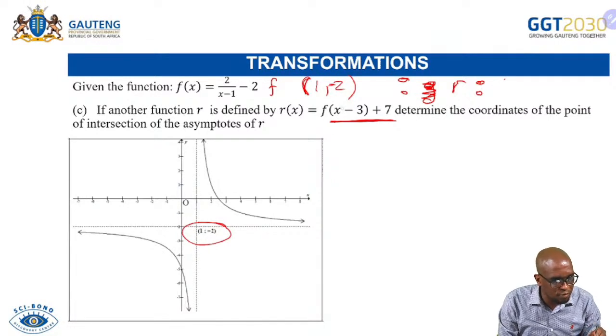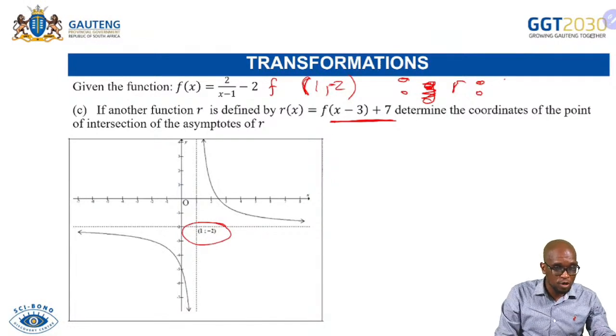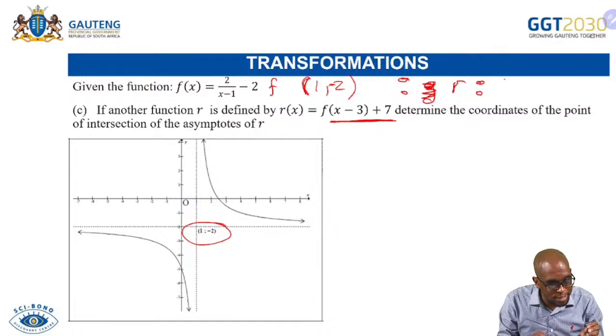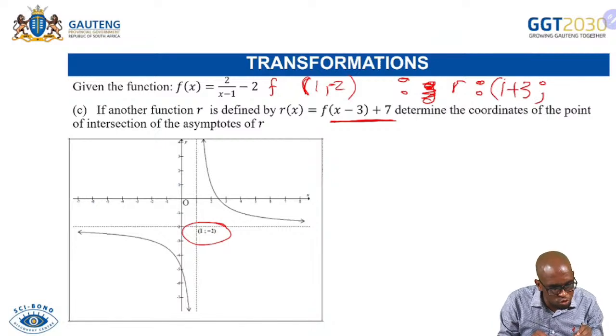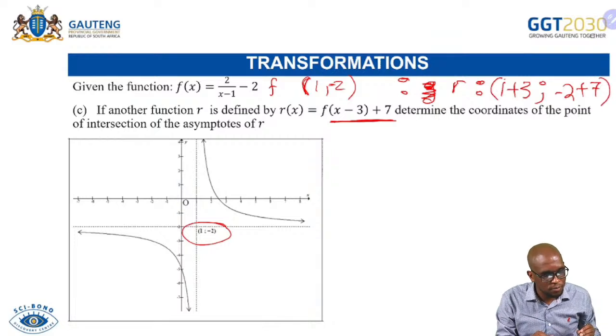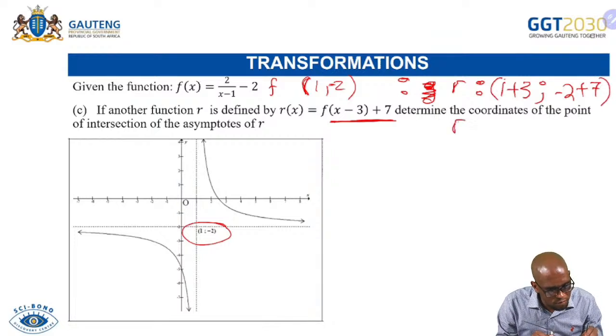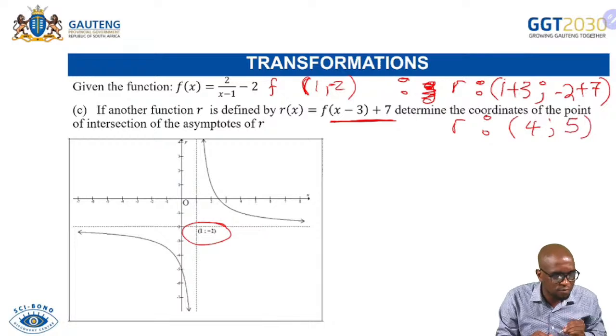All the values of x should move to the right. So I'm going to add 3 to the value of x, and I'm going to add 7 to the value of y. So the point of intersection of the asymptotes for r would be 4 and 5.